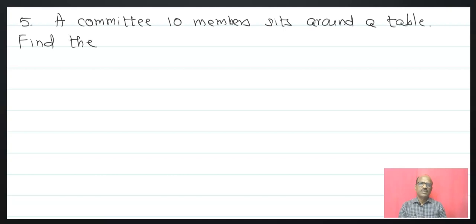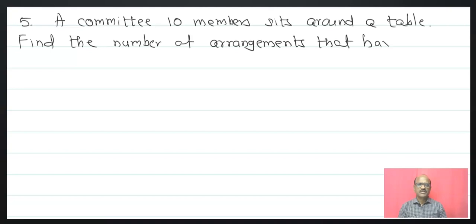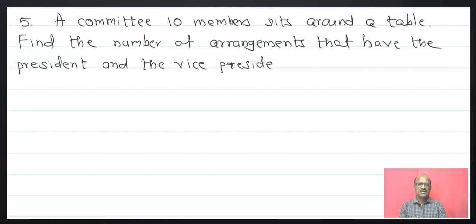A committee of 10 members sit around a table. Find the number of arrangements that have the president and the vice president together.